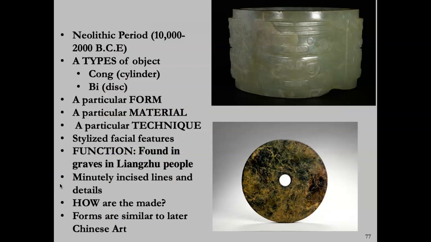The cong are jade objects that were found among the graves of the Liangzhu culture in the eastern province of Jiangsu, near present-day Shanghai. The cong is a category of object made of jade, and they consist of a circular tube shape with protruding square corners.